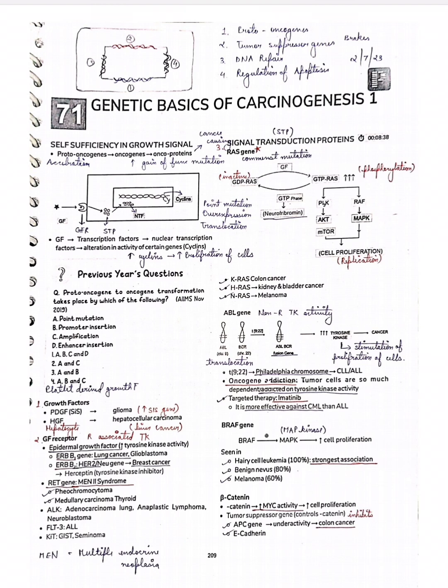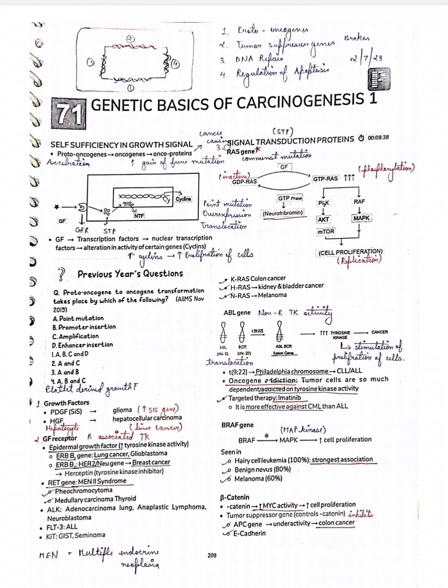Talking about the growth factor receptors, these are receptors associated with tyrosine kinase activity. We can say it as the epidermal growth factor receptor, which has more tyrosine kinase activity. So there are 3 genes we're going to talk about here: the ERBB1 gene, the ERBB2 gene, and the RET gene.